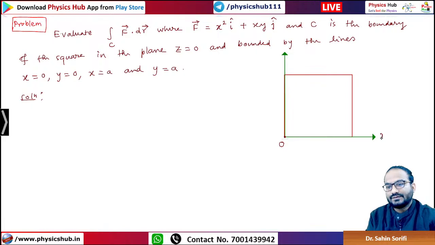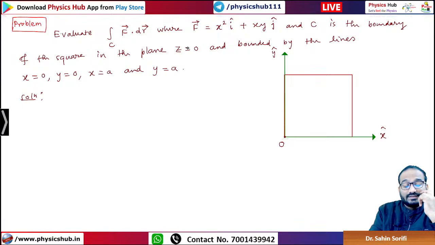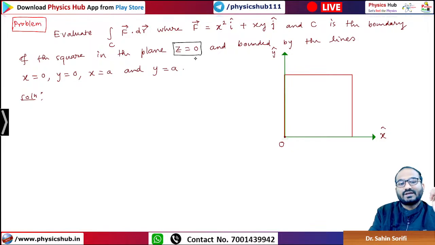For our convenience, we have denoted the x-axis and y-axis, and as this is the plane z equals 0, z equals 0 means xy plane. On xy plane at each and every point z equals 0, that is why we have taken xy plane, right?